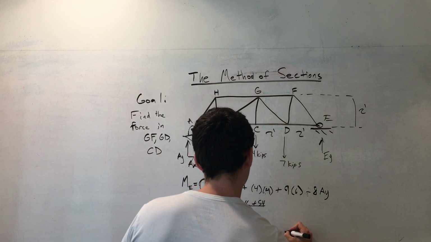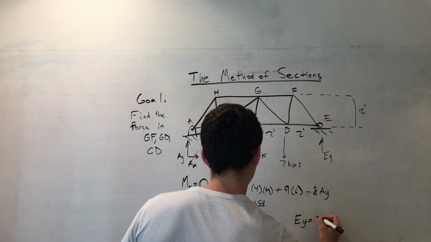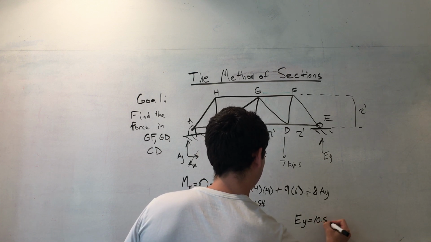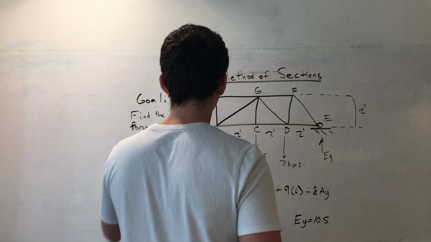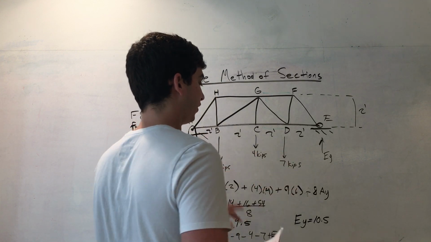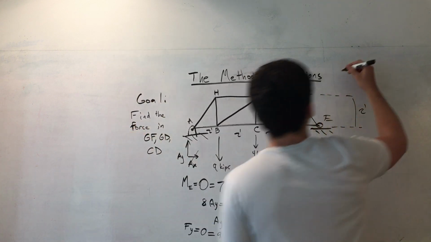We're going to have that EY is equal to 10.5. And now we have AY and EY, and that completes step 1. Here, I'm going to write these up here.